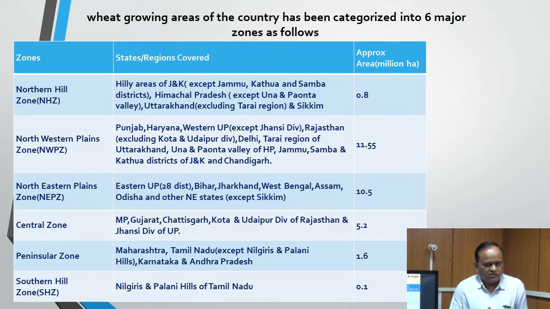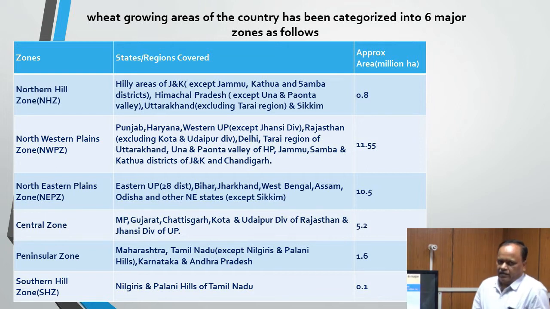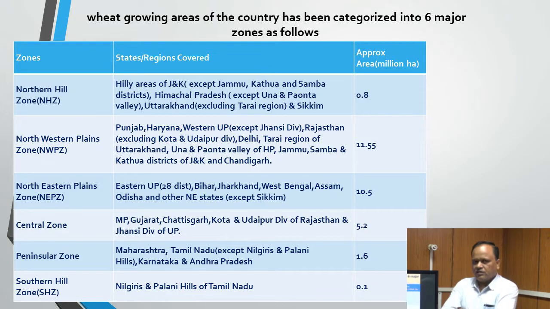The first zone is the northern hill zone, and it comprises the hilly areas of Jammu Kashmir, Himachal Pradesh, Uttarakhand and Sikkim. The next one is the northwestern plain zone.